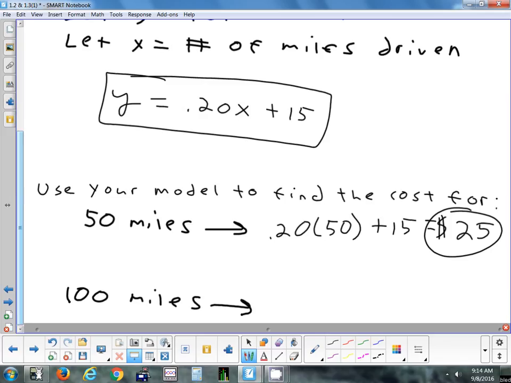Yeah, so the only thing that's going to double is the cost from the miles that you drive, not the 15. So it's 0.2 times 100 plus 15, or as somebody just said, $35. Any questions on that?